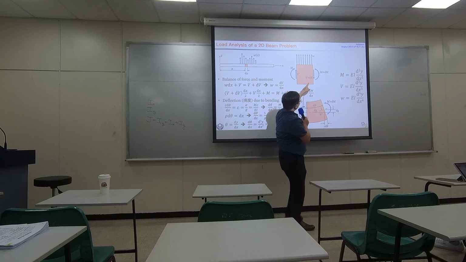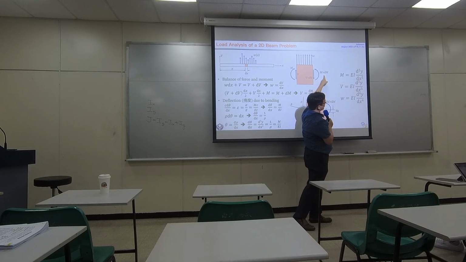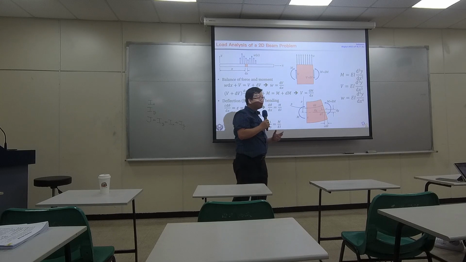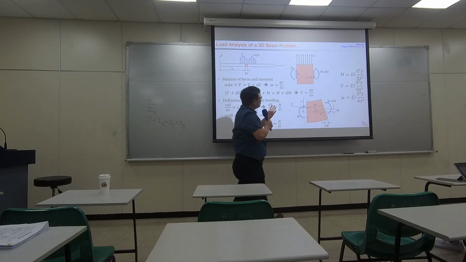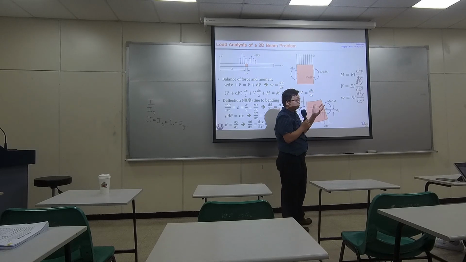So this is assuming shearing force increases a little bit. This is assuming moment increases a little bit. So can dM and dV be negative? Yes. This is just to assume, symbol-wise, we have some change.